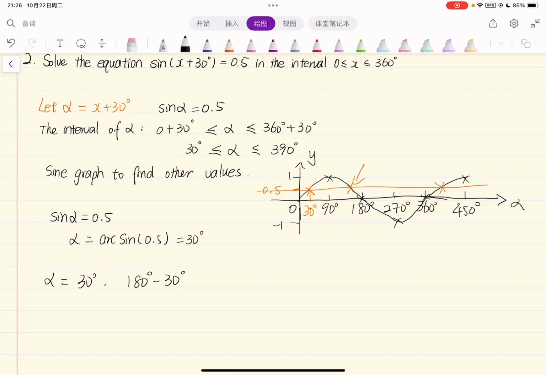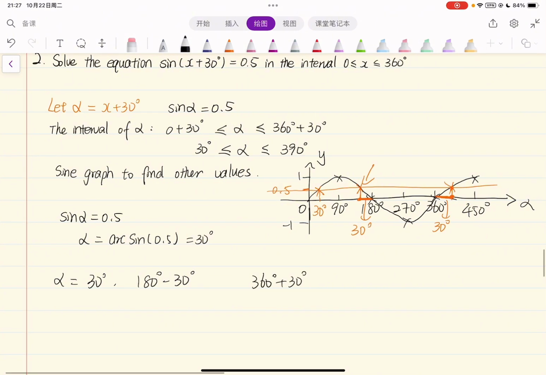Since the distance from here to here should be 30 degrees, and similarly for the third one, the distance from here to here is also 30 degrees. The third value should be 360 plus 30 degrees. So we get that alpha equals 30 degrees, 150 degrees, and 390 degrees.